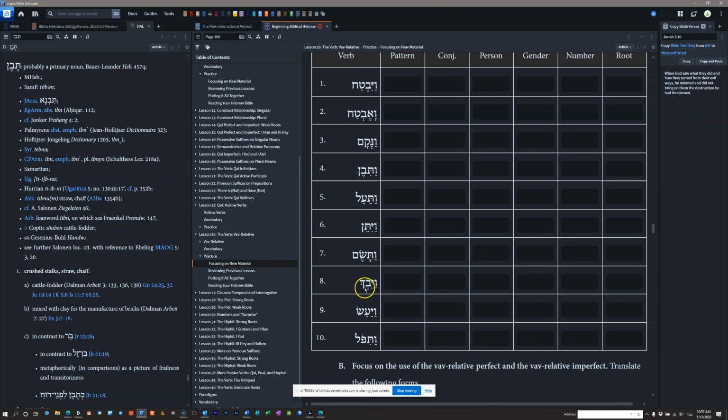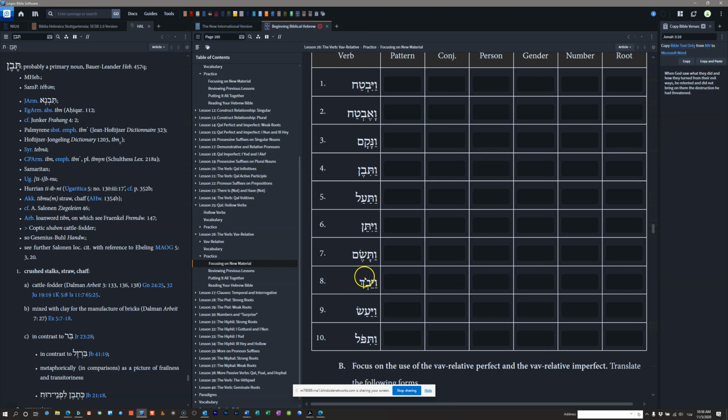So the vowel pointing is very inconsistent with a third hay. So that might give us a little bit of pause, but at least the root makes sense. Baka is a root that we know. So we'll kind of hold that off to the side, and that's option 1. Option 1 is that the root is baka.